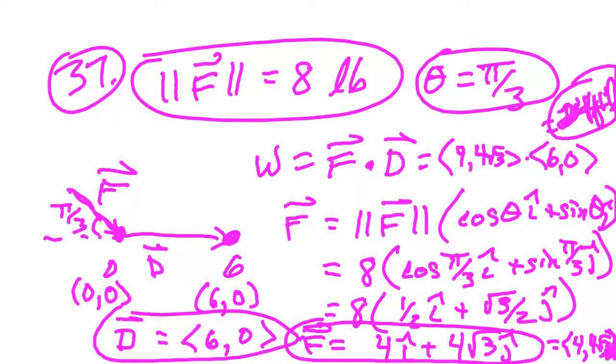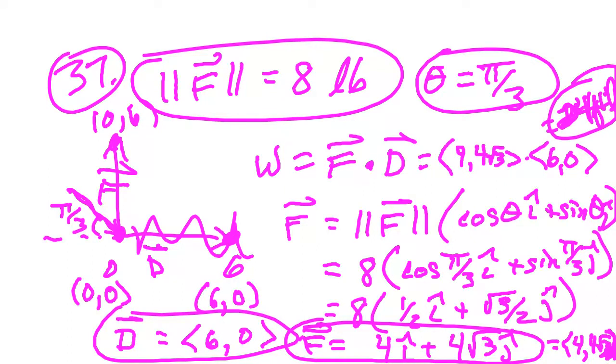And then it also asks, what happens if you do it vertically along the y-axis from the origin to 0, 6? Of course that would be very similar, but instead of the displacement vector being 6, 0, I'd be going up to 0, 6. I meant to use a different color.